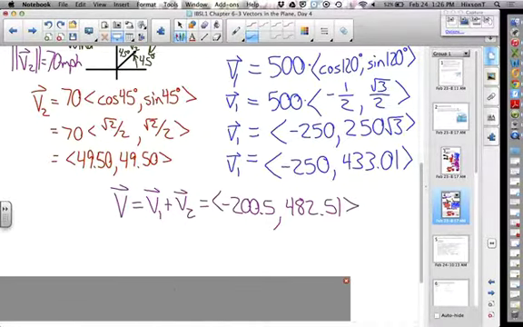Alright, now, let's actually answer the question, because the question didn't ask for what's the resultant vector. The question asks for what is the resulting speed and direction.